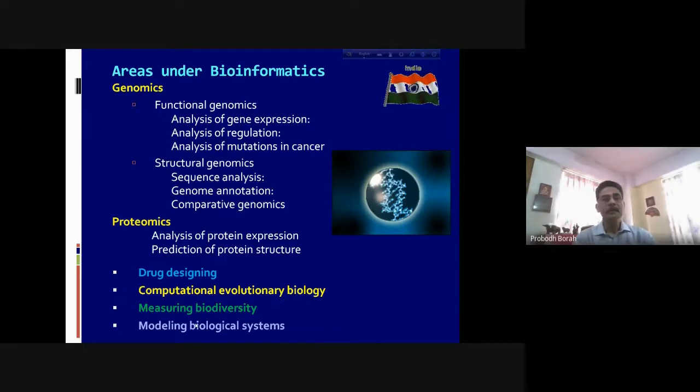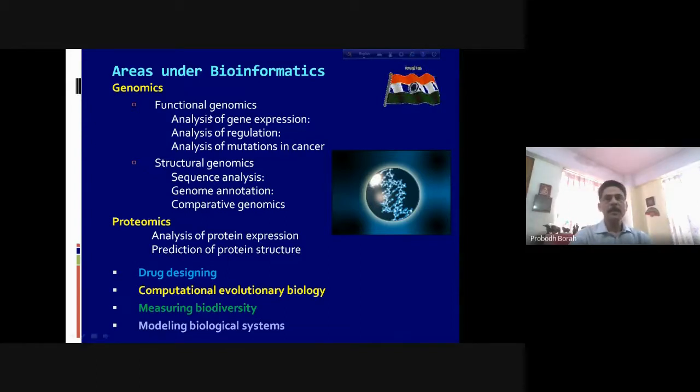And thereafter, there are many areas in which bioinformatics is being applied, and newer areas are also emerging, which are being applied in understanding different aspects of biological systems. So major areas under bioinformatics are genomics, proteomics, drug designing, computational evolutionary biology, measuring biodiversity, and modeling biological systems.